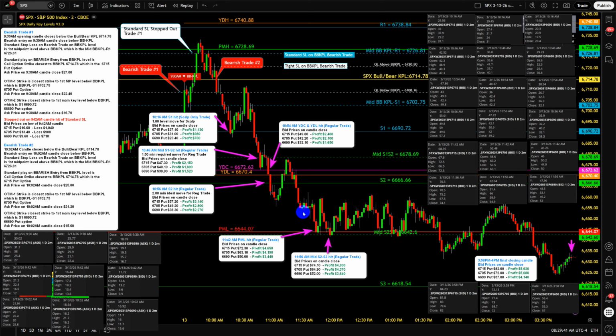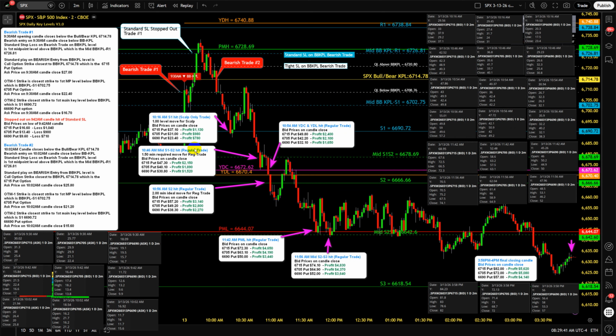It just depends on what's happening in the session, any news that may come out, any overall institutional sentiment that might start accelerating to whatever side you're on. It could be on the bearish side. If they decide to take the market down quite a bit, then you want to still be in the trade with a de-risked runner to capture the majority of that move down. And of course, if this was a bullish trade instead, it would be the opposite, capturing more of a move on the way up.